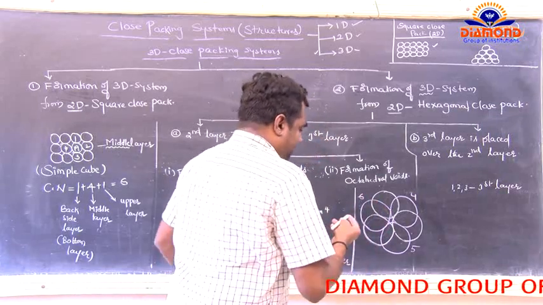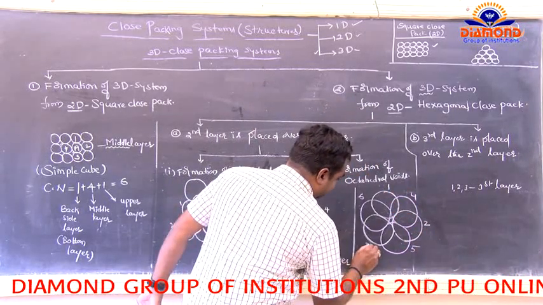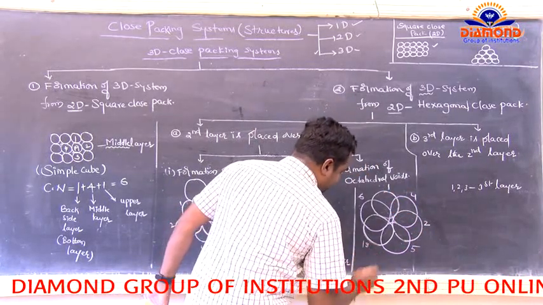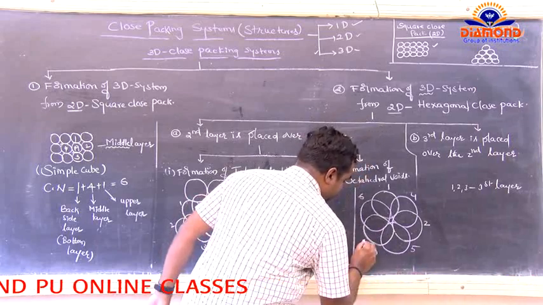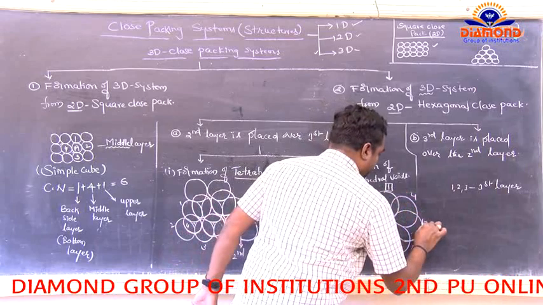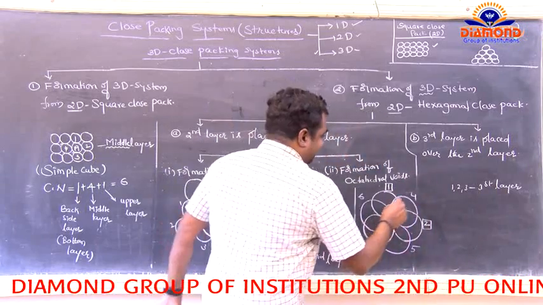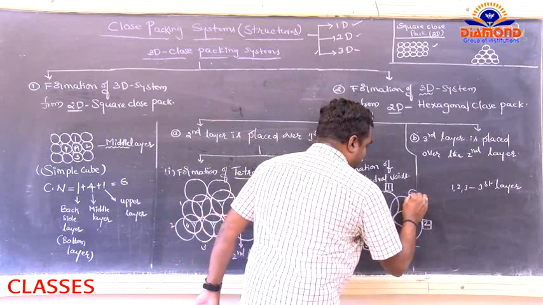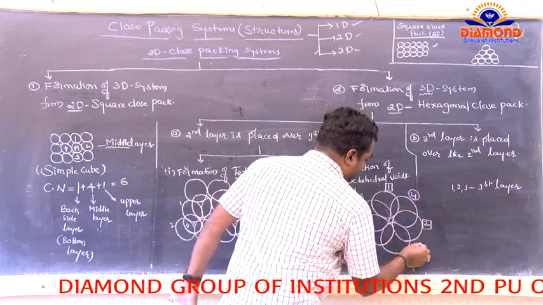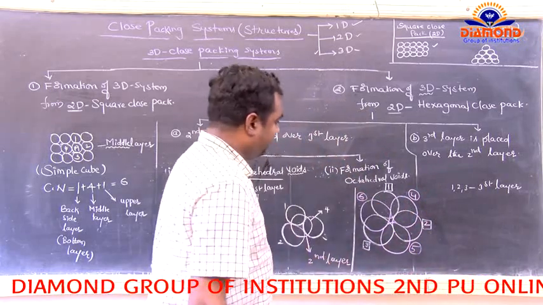So here is the first atom, second atom and third atom, a total of three atoms. And here is atom number 4, atom number 5 and atom number 6.